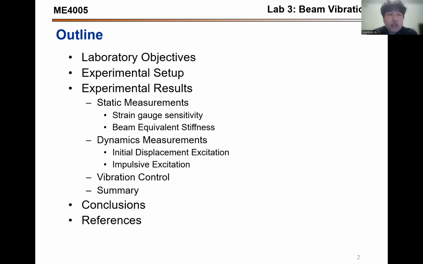So the outline is the main objectives, experimental setup, and the results of each experiment, such as static measurements, dynamic measurements with different conditions, vibration control, summary, conclusions, and the references. I'm going to talk about the equations later.